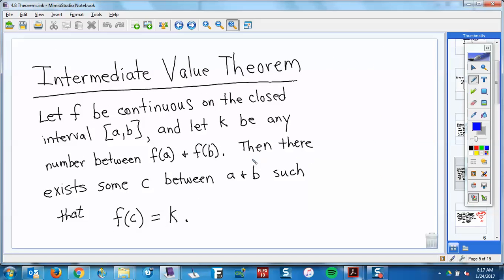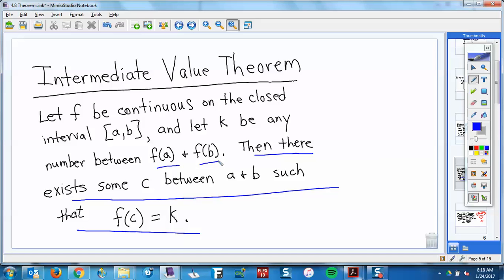Okay, so does the conclusion hold is saying, does this part hold? In other words, does it hit all the y values between the endpoints? That's really key.